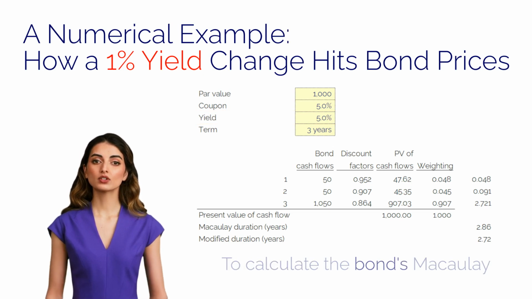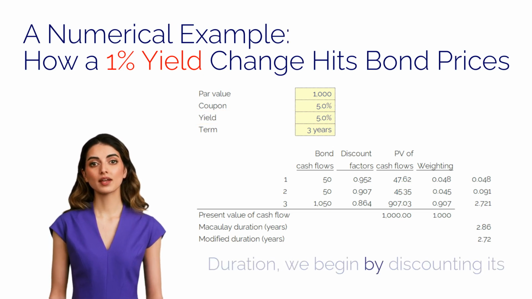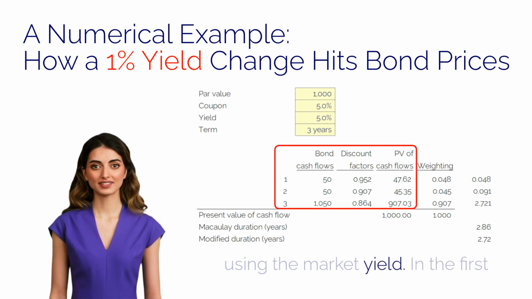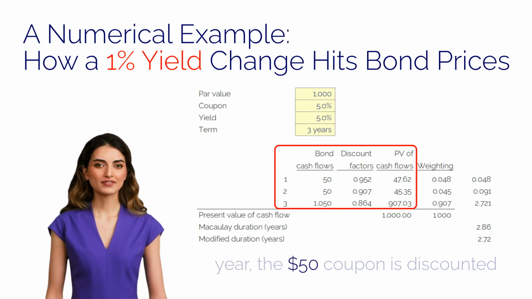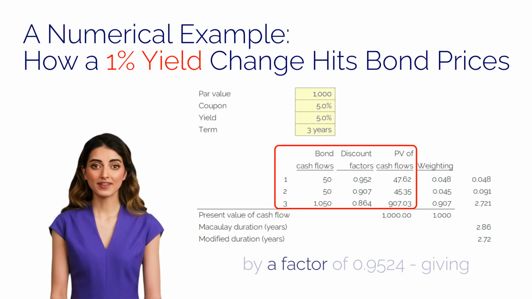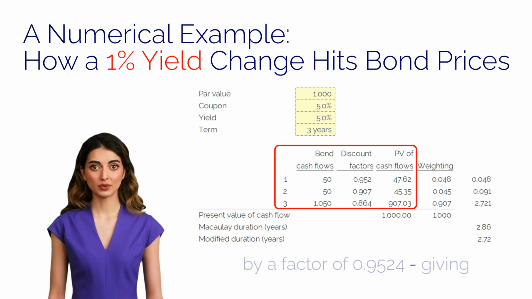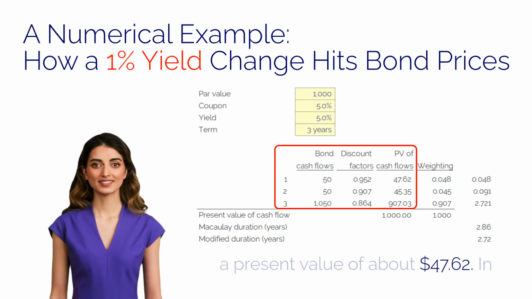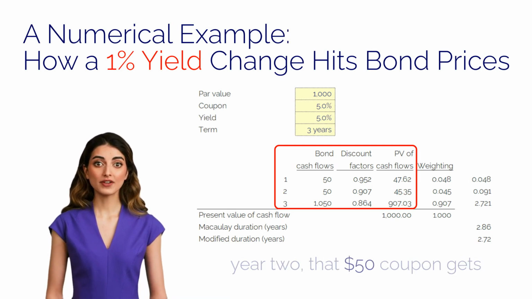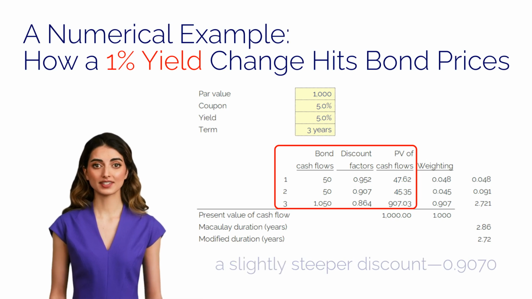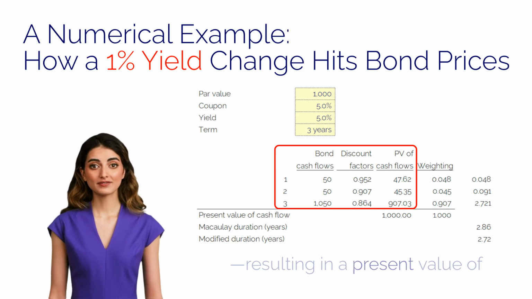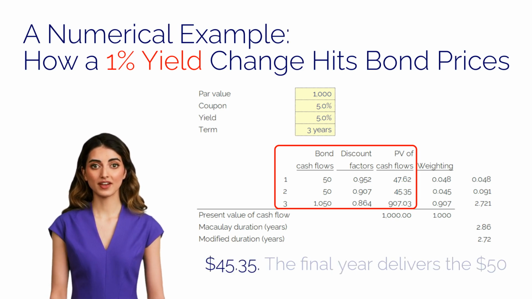To calculate the bond's Macaulay duration, we begin by discounting its future cash flows back to the present using the market yield. In the first year, the $50 coupon is discounted by a factor of 0.9524, giving a present value of about $47.62. In year 2, that $50 coupon gets a slightly steeper discount, 0.9070, resulting in a present value of $45.35.